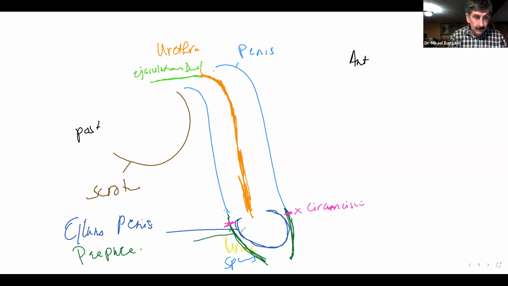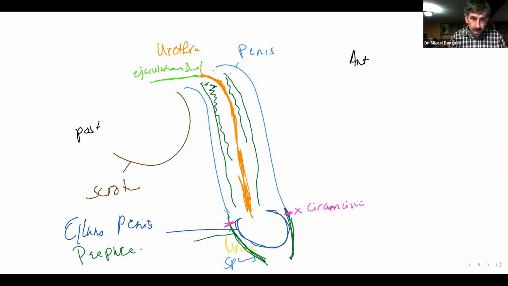Now, guys, what we have in the entire course of the penis are three bodies of muscle. So let's do this.